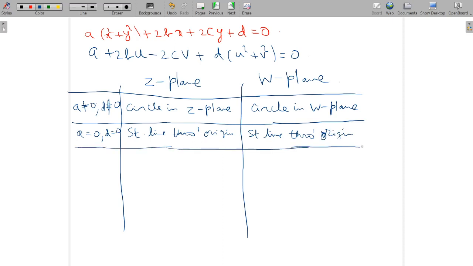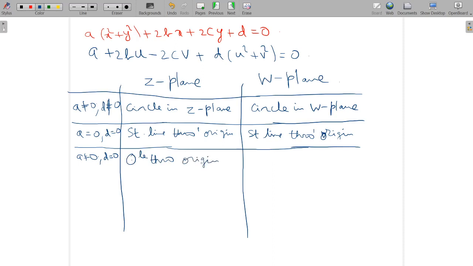Now the third case will be a not equal to 0 and d is equal to 0. When I take it in the z plane, a is not equal to 0, so I will have x squared plus y squared. But d is equal to 0, so I will have a circle through origin. Circle through origin here.